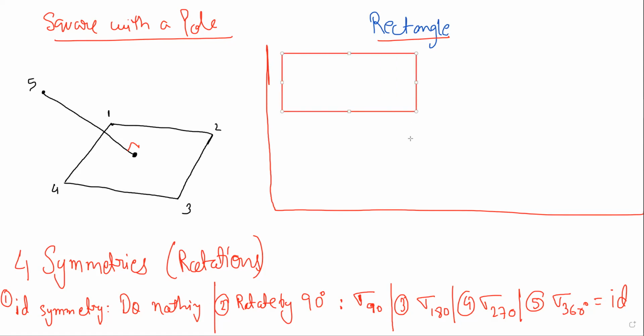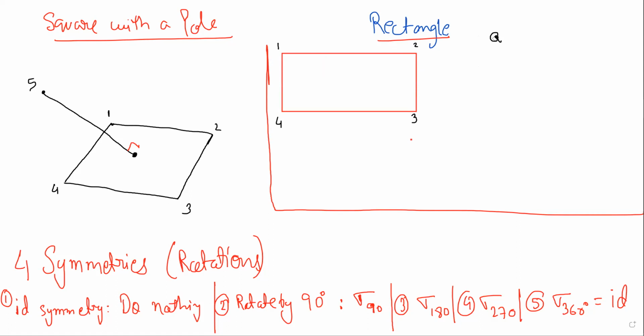In the sense that here is a rectangle, and you have 1, 2. Here also we have 4 symmetries, right? Let's just call A the first symmetry.